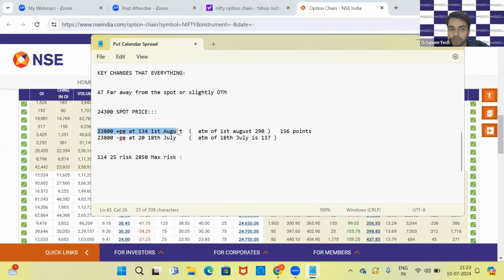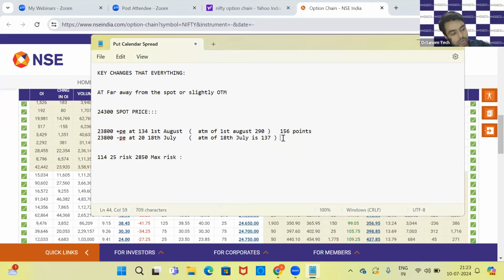Is this clear why my 134 will become 290 and why I will make 156 points in this leg? Because right now ATM values are trading at 290. Perfect, yes. It's clear. I'm not going to repeat it again if it's clear, okay? Perfect. I'm going to make 156 points. And my 23,800 put of 18 July will be 137.